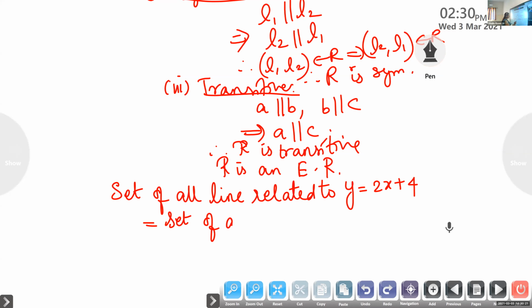Parallel, isn't it? That means we want to find the set of all lines parallel to y is equal to 2x plus 4. We want to find the set of all lines which are parallel to this line.